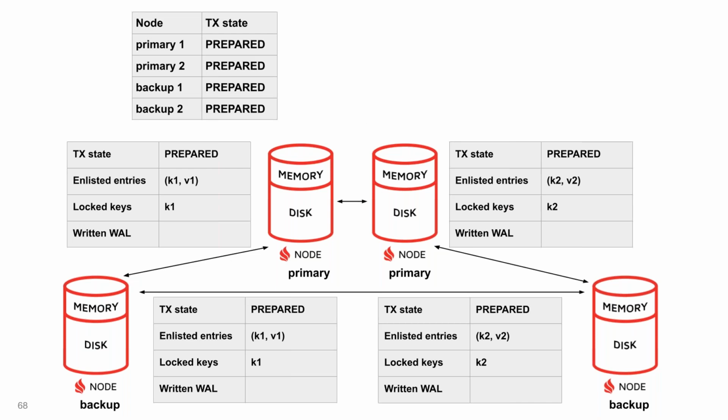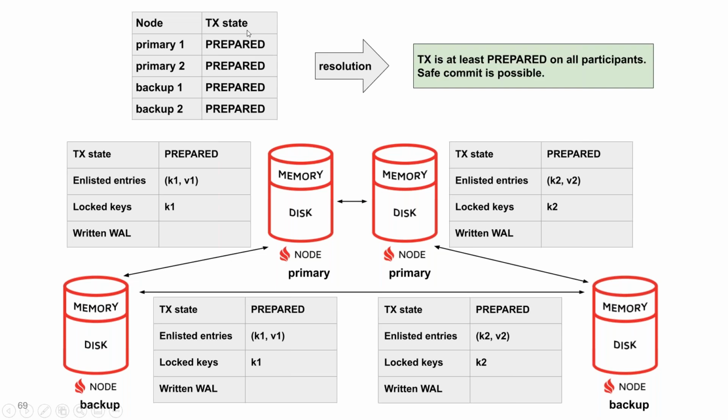So in this example, on every participant node, the transaction is in prepared state, and if the transaction is at least prepared on all participants, in this condition the transaction will be committed because safe commit is possible.